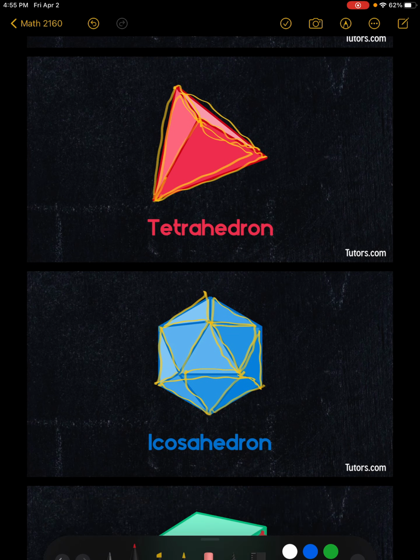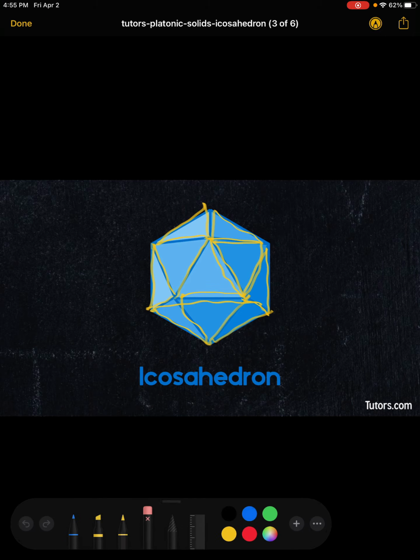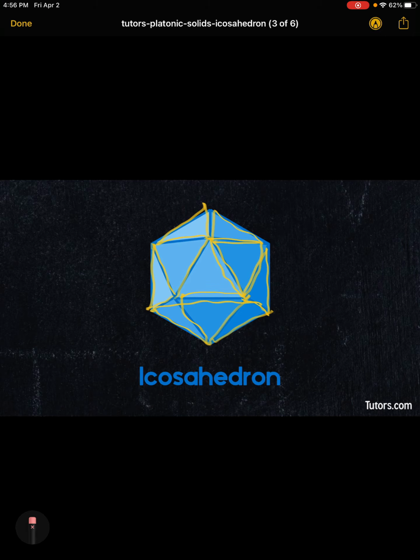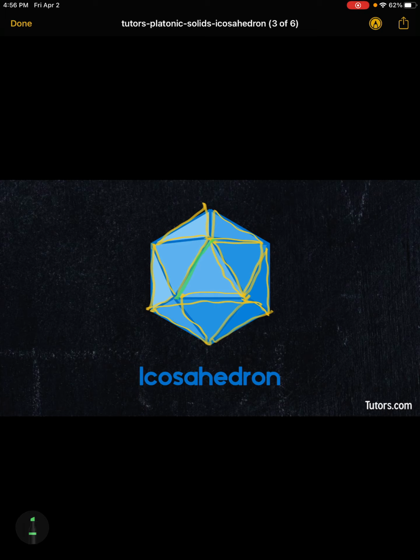So if you look at the icosahedron, you can see, if I clear this off, I don't know if I can, I was drawing on it earlier, that this triangle right here and this triangle is the exact same triangle, just flipped upside down, and it's also the same as this triangle and this triangle.